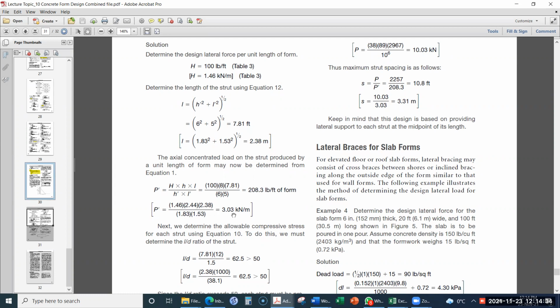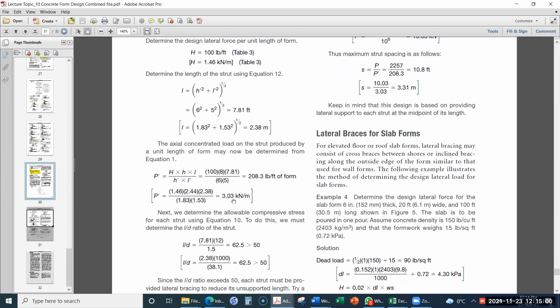We will get 3.03 kilonewton per meter. So this 3.03 kilonewton per meter is the proportion of the force in the strut per meter length of the form. So this we can use.